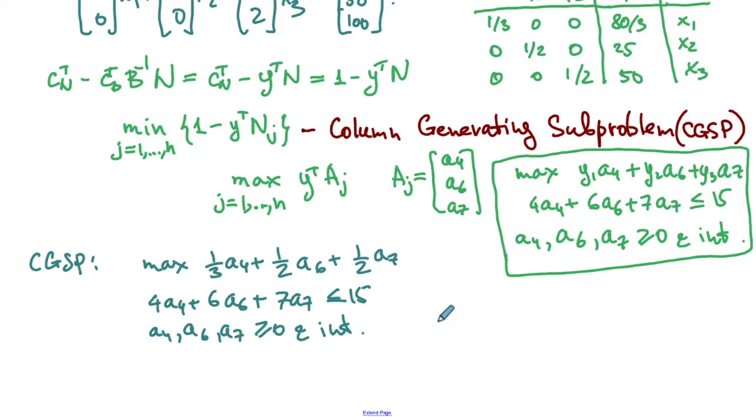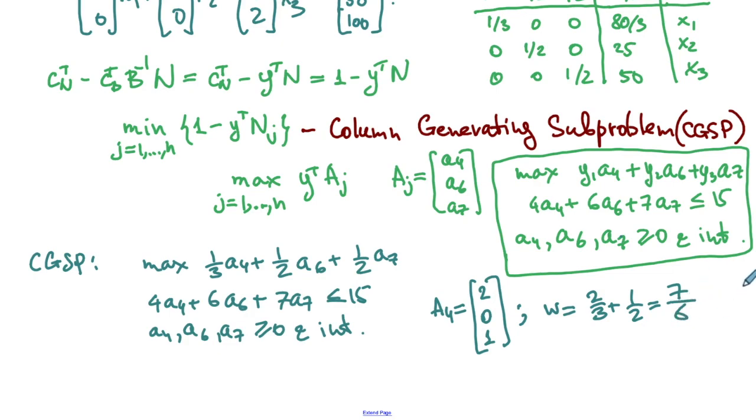So our optimal solution is given by A4, which is 2, 0, and 1. And our optimal objective value, let's denote it by W, is given by 2/3 plus 1/2, which is 7/6.